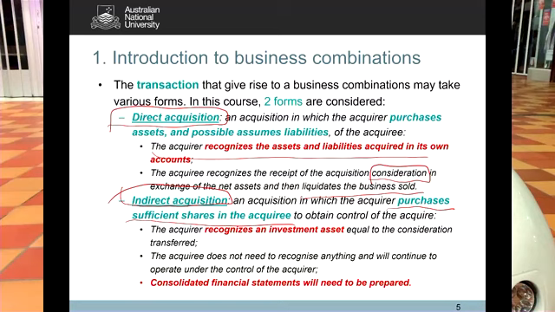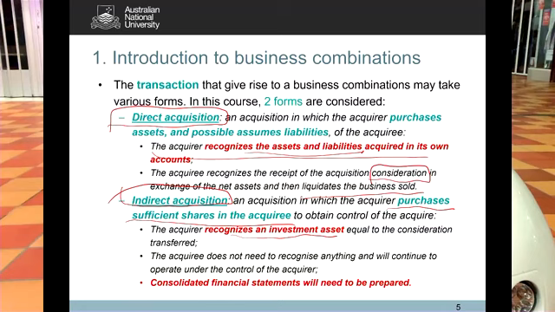Then they obtain control of these acquirees. The acquirer then would recognize an investment. Instead of recognizing all the assets and liabilities as in the direct acquisition, they recognize the investment asset, which is equal to the consideration transferred. Now you know what consideration is, right? Consideration is just what the acquirer offered to the acquiree to obtain their shares, okay?